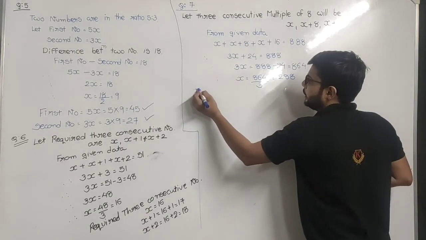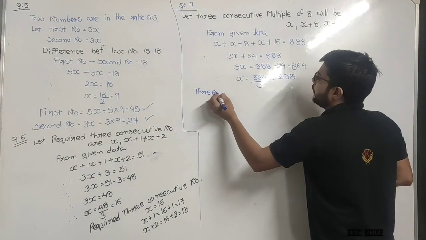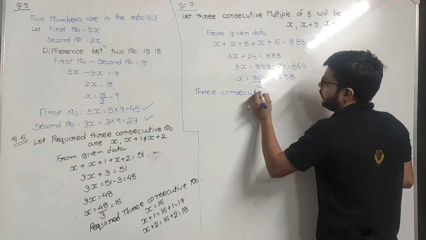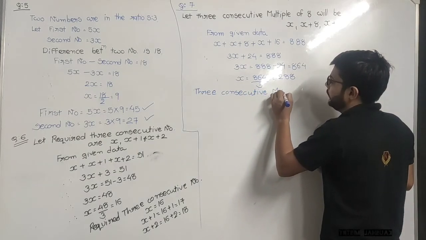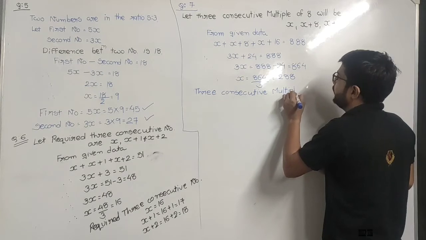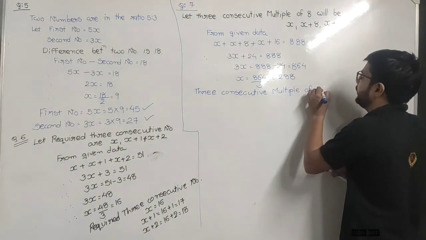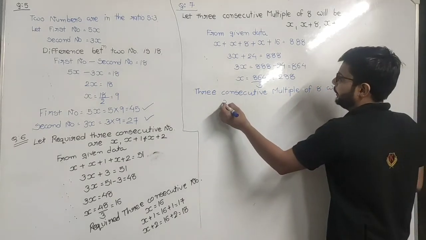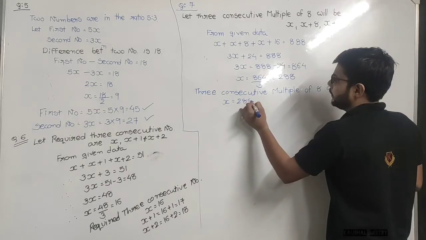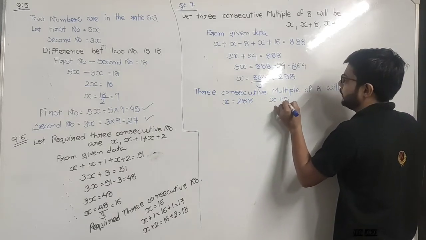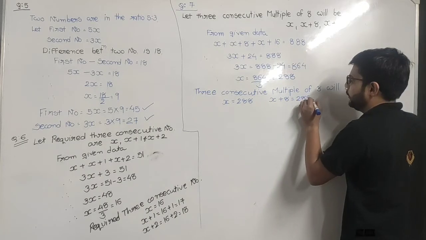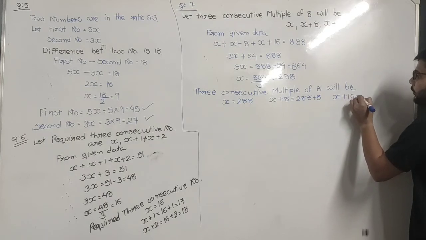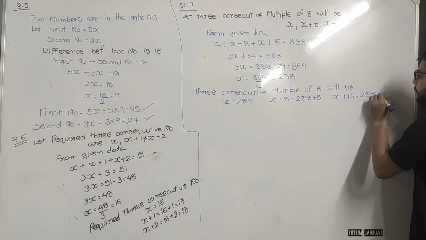That means the 3 consecutive multiples of 8 will be: first it is x, that means 288. Second will be x plus 8, that means 288 plus 8, and third one will be x plus 16, so 288 plus 16.